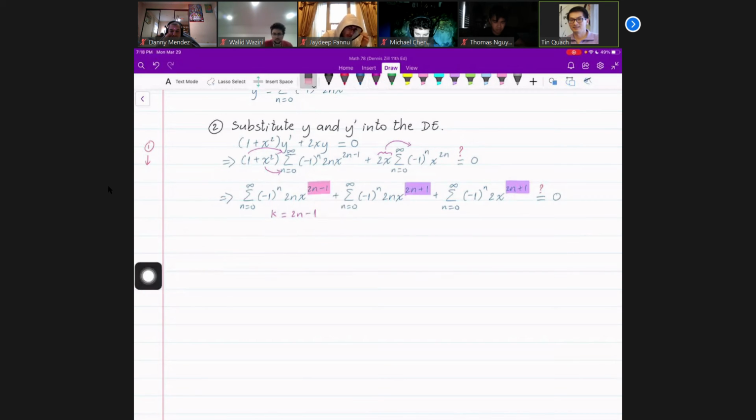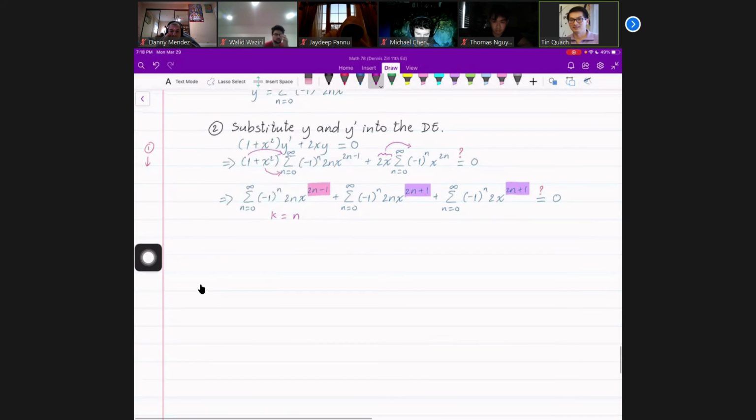You could let it be 2k minus 1, but you're going to end up with fractions. You don't want to do that. So you want n to be k. So you just keep this one the same, and then you want to turn this power and this power into the same power as that. Okay, so let's do that.